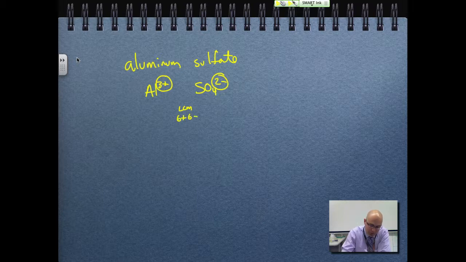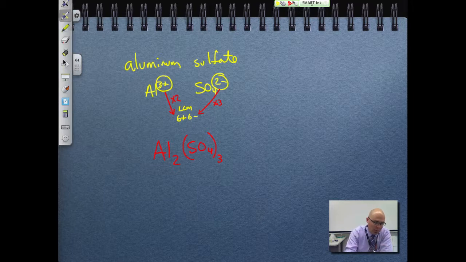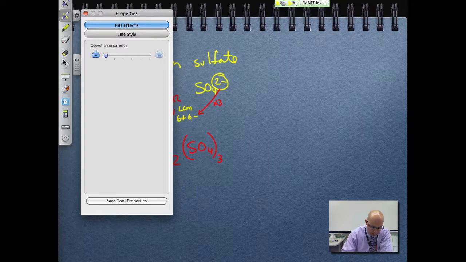All right, and so we would need 2 aluminums, Al2, and we would need 3 sulfates in order to balance those charges and have the proper formula for that compound. So Al2(SO4)3.